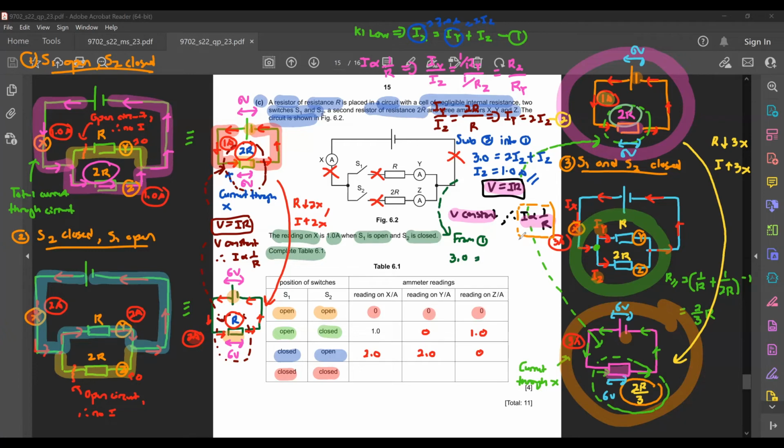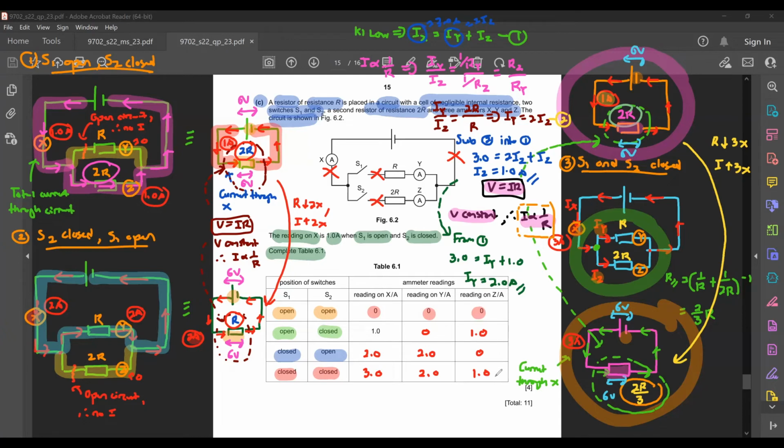Your IY is what you want to find right now. After having found IZ as 1.0, IY is therefore 2.0 amps. So now you have the complete values for all the ammeters. For IX, you have 3.0. For IY, you have 2.0. And for IZ, you have 1.0.